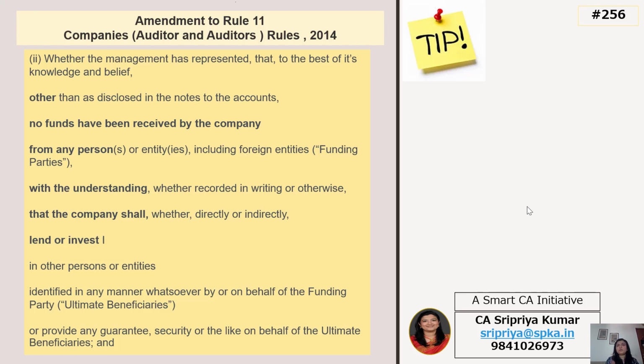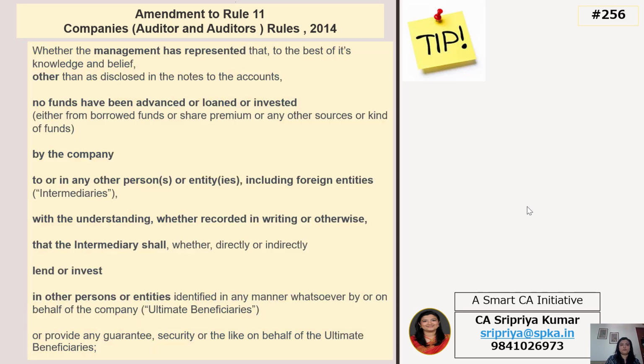So this is the second leg, which is the onward movement transaction, that is, the fund flow outside of the company. The key aspects to remember across both these sections are that there should be a disclosure in the notes on accounts. The money can be received or paid to any party, a person, an entity, or an intermediary. And this entire transaction can be either express, which is reduced to writing, or implied.